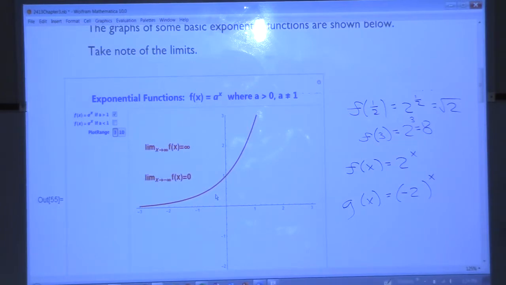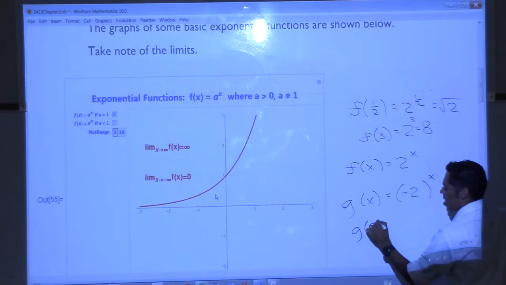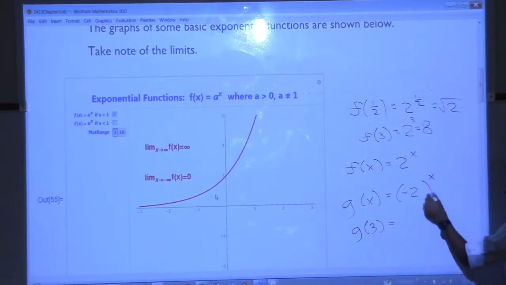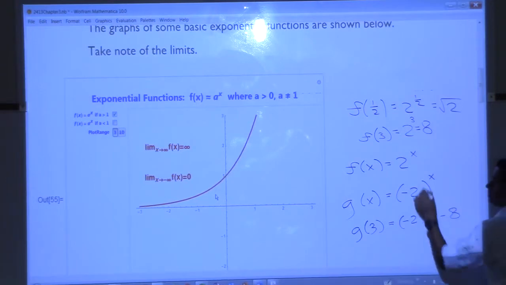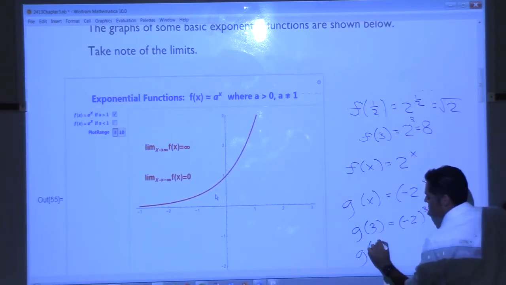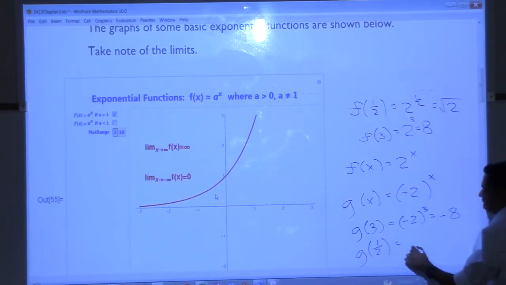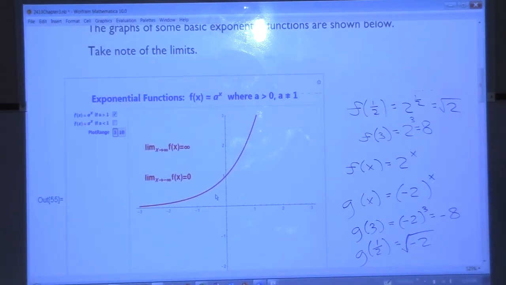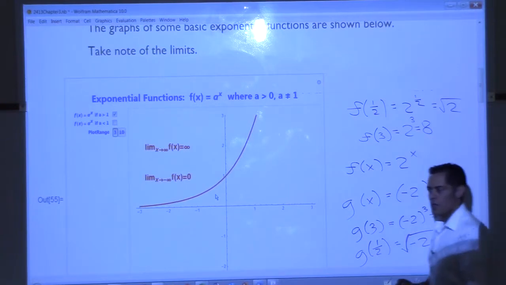But what about here? If I do this one, what's g of 3? Well, you get negative 2 to the 3rd power, which would be negative 8. But what if I try 1/2 in here? You're going to have the square root of negative 2. Can't do that, right? Imaginary numbers.